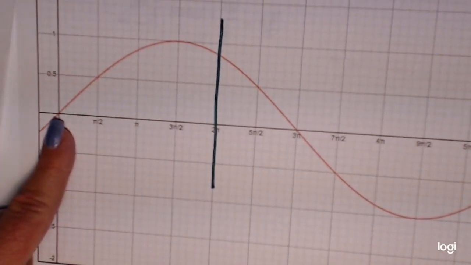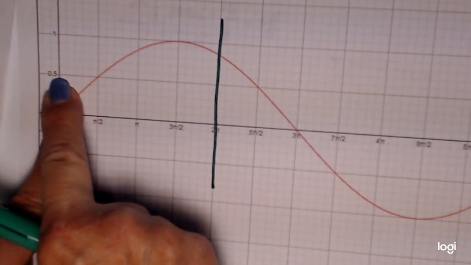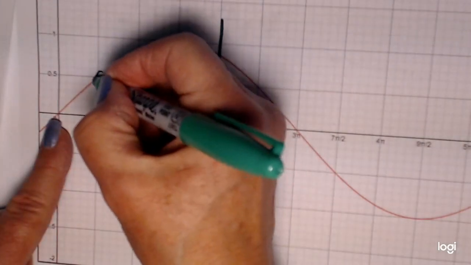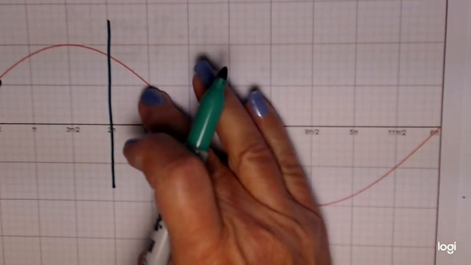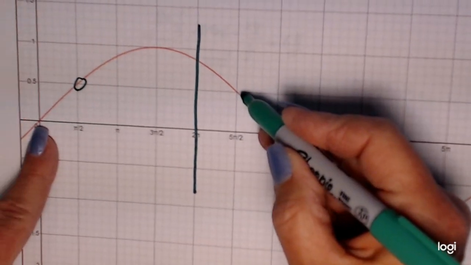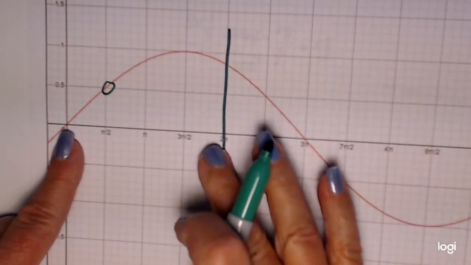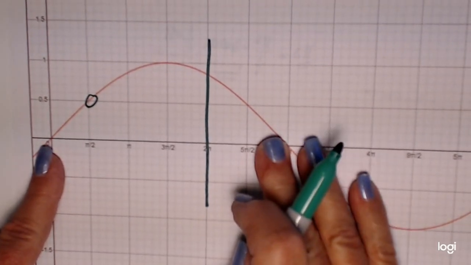So looking here at this graph, here's where y is 1/2. So we can see we have an answer there. We can see we would also have an answer over here, right, at 5 pi over 2. However, 5 pi over 2 is beyond our 2 pi. This is beyond where we're looking for our answers.